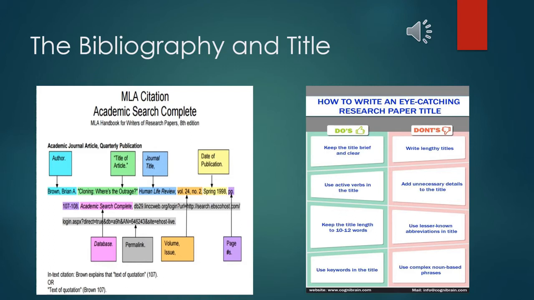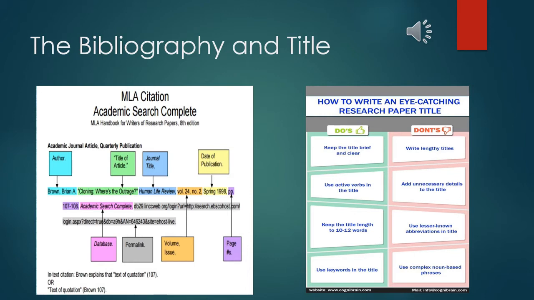And we're going to get into that in the next few slides of how to do that properly. But basically, it lists by the author's last name in alphabetical order and or the title of your article if there is no author, where you got your information from.